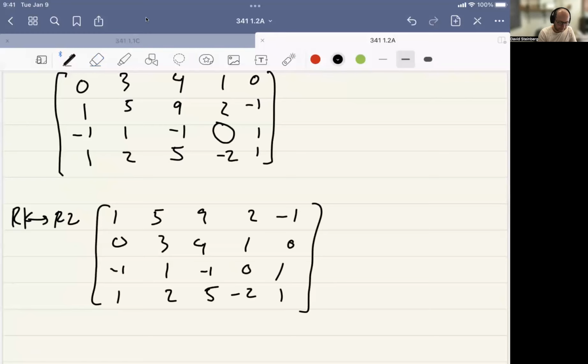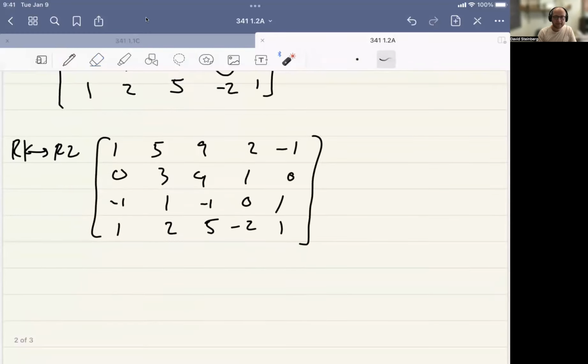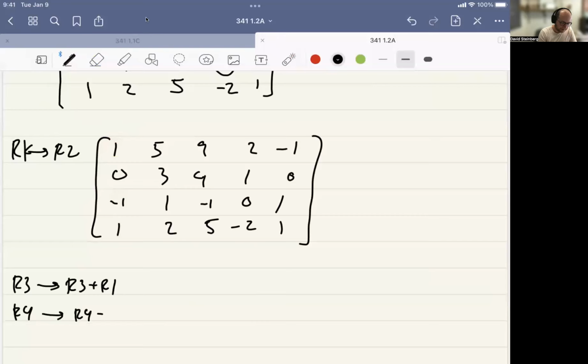Next, we want zeros beneath all of our leading terms. So let's use the one we have here to eliminate those two entries. Let's take row 3 and turn it into row 3 plus row 1. Let's take row 4 and turn it into row 4 minus row 1.